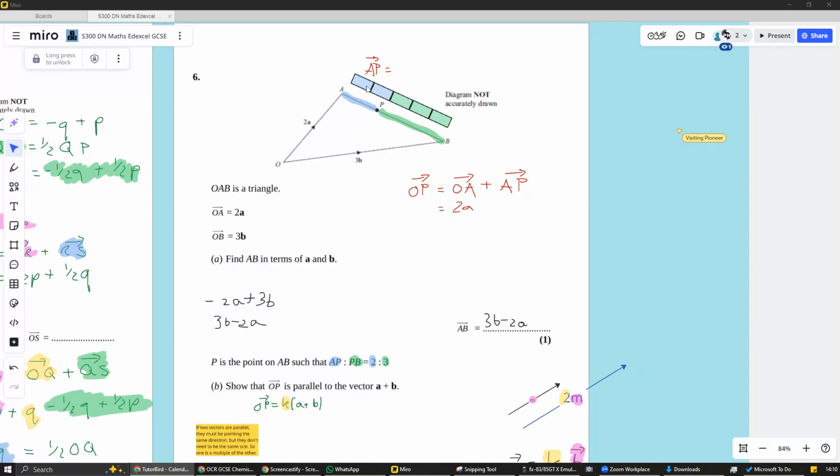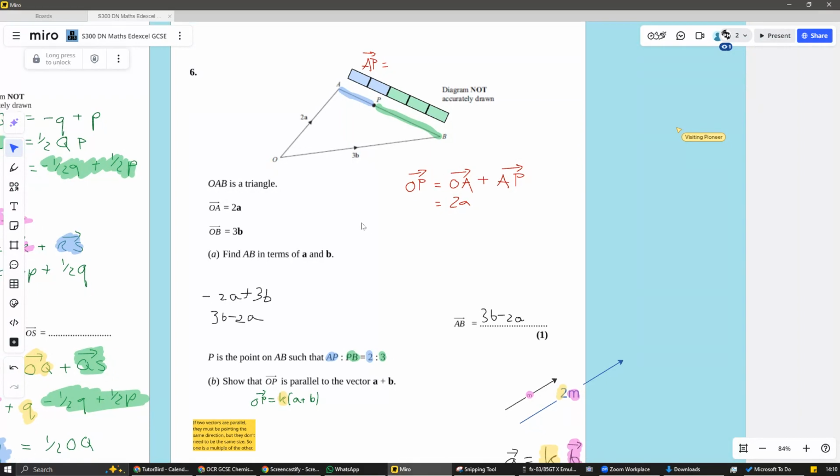Okay, so this little shape up here is trying to represent what I'm saying here. It was 2 to 3. So out of the whole distance of A to B, we can see now that A to P is going to be 2/5 of A to B.